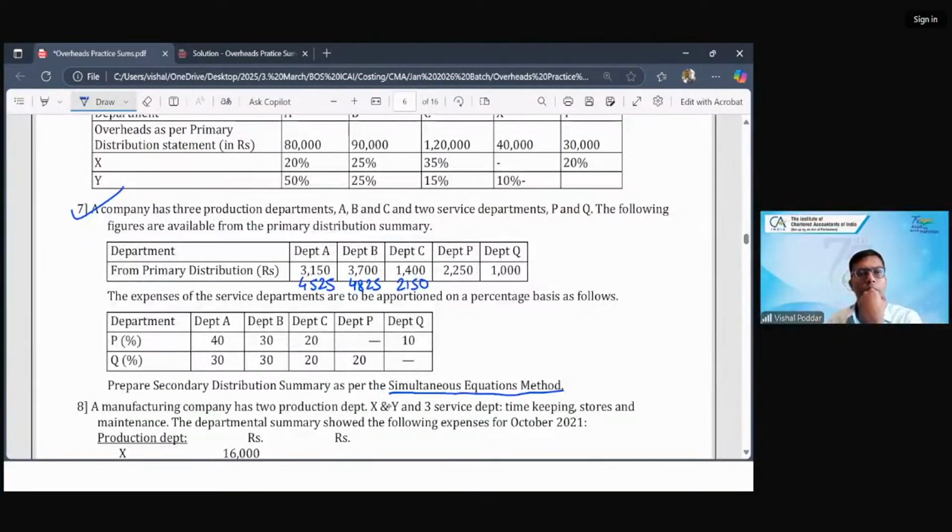When you carried out the simultaneous equation, the total that people got for P, I'm having conflicting answers.